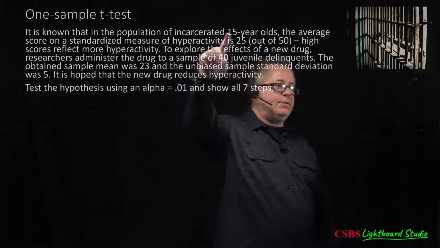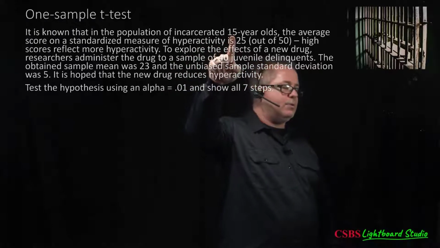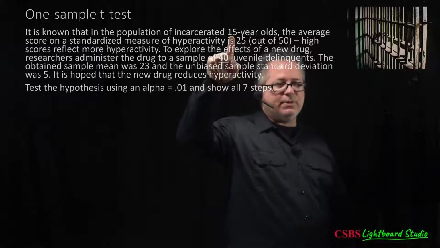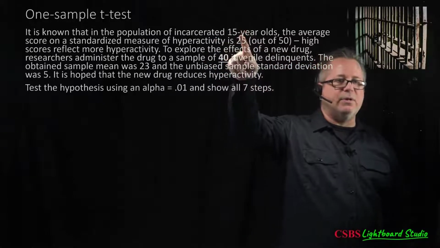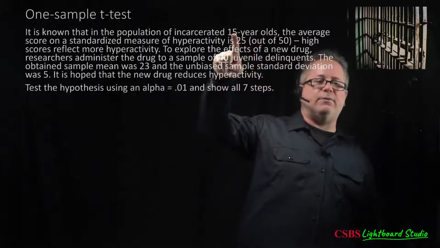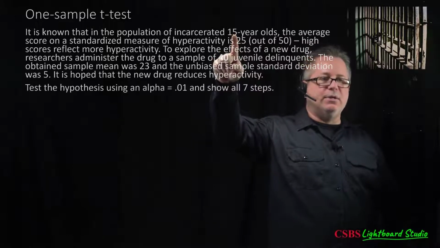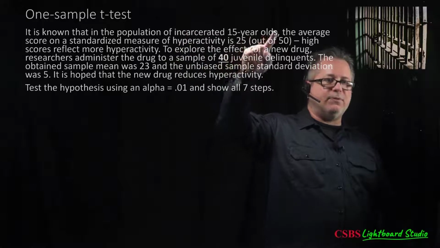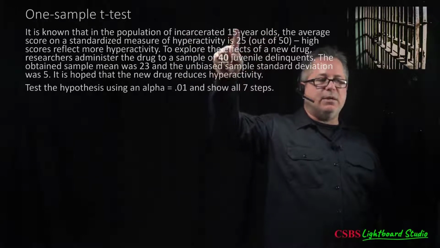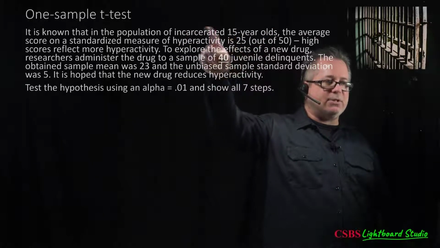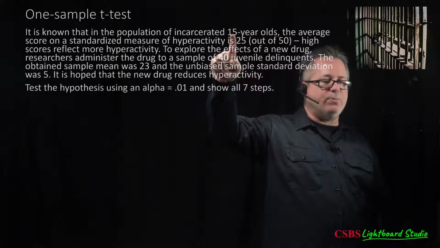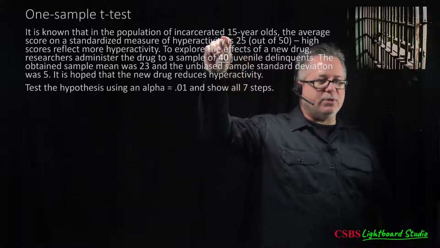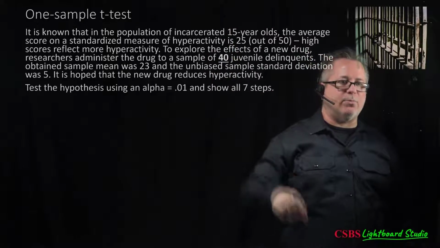You see the number 15 here, 15-year-olds, and you might be tempted to assume the 15 is relevant. All we've done here is identify the population. So our population is incarcerated 15-year-olds. The number 15 is not important at all, except for defining who our population is. So don't be lured into thinking that 15 is somehow important.